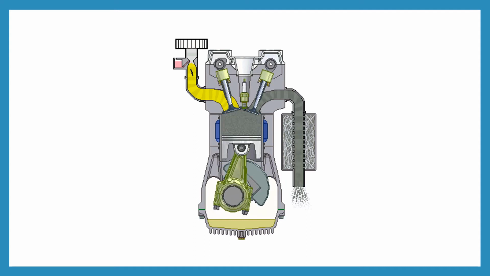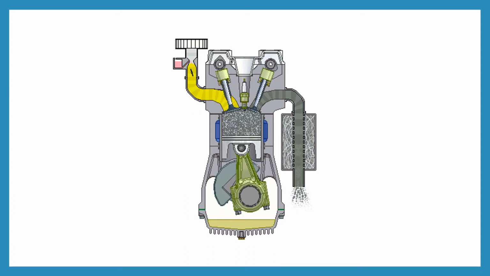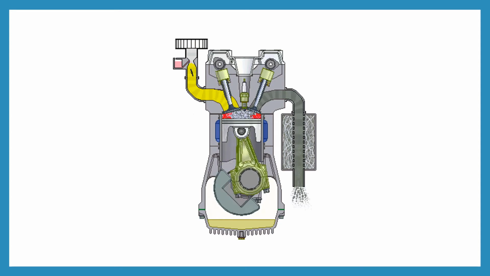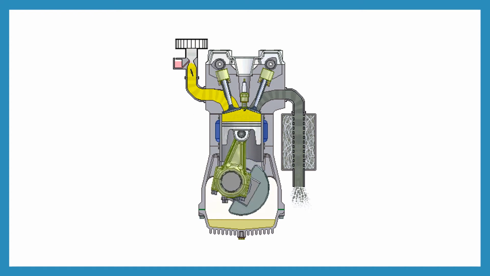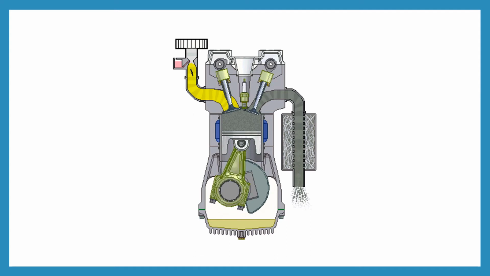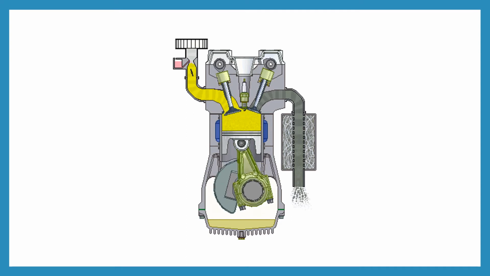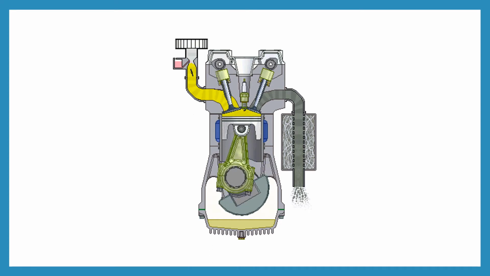Here you can see the animation of the working principle of the internal combustion engine. The air and fuel mixture enters through the air inlet. This one is the air filter, from here air enters. This is the carburetor, from there fuel enters.